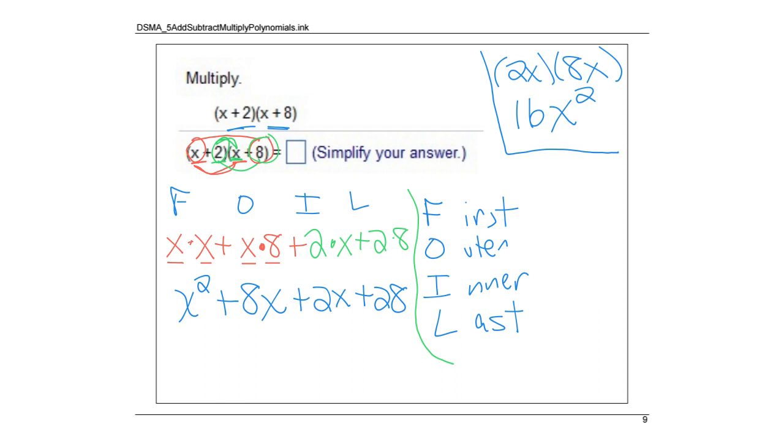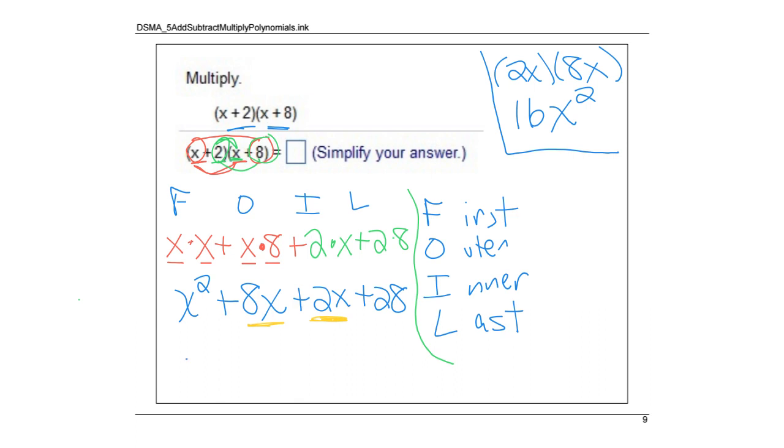Okay, but we're not done here. If you put x squared plus 8x plus 2x plus 28 into the computer, it's going to tell you that although you have the correct answer, it is not in the correct format. And that's because these middle terms are like terms. That happens a lot of the time, not always, but a lot of the time.